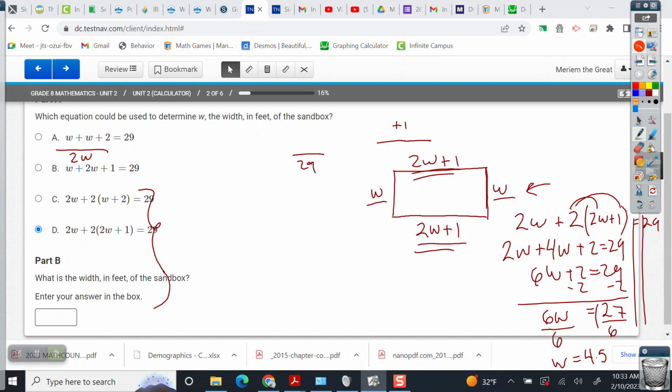Now, obviously, we have a calculator that we can use right here, so you don't have to do it in your head. You're more than welcome to use the calculator. And so in the box, I'm going to write 4.5. All right. I don't know about you, but I'm having a ton of fun.